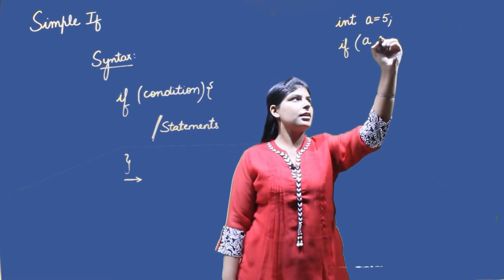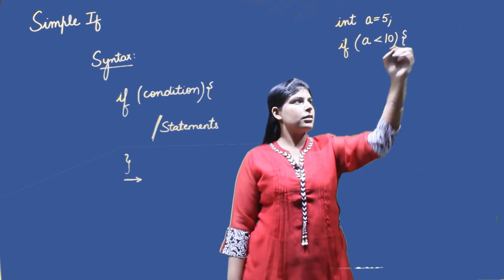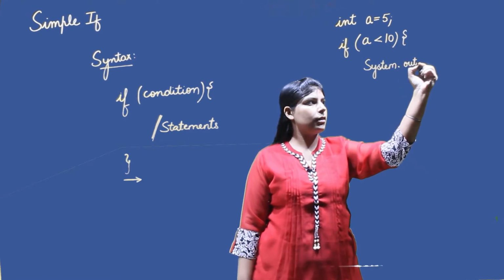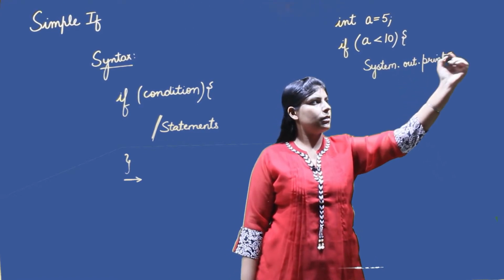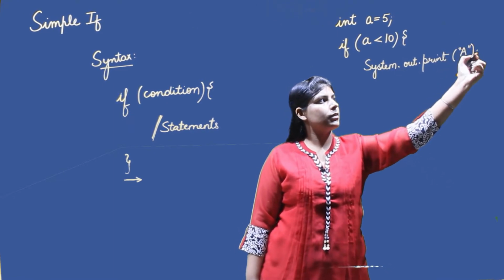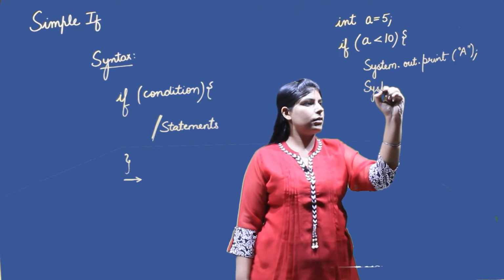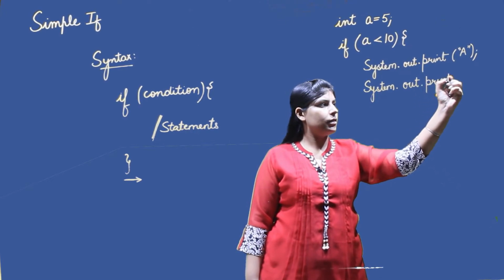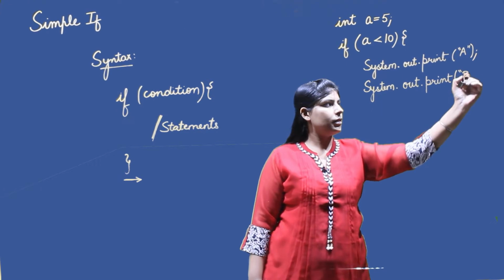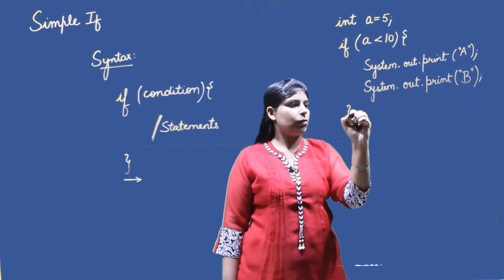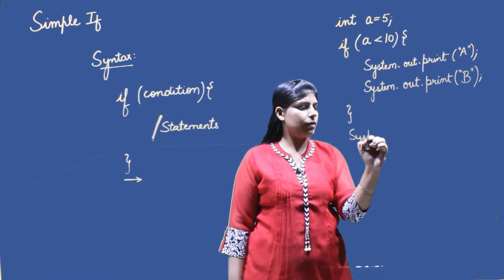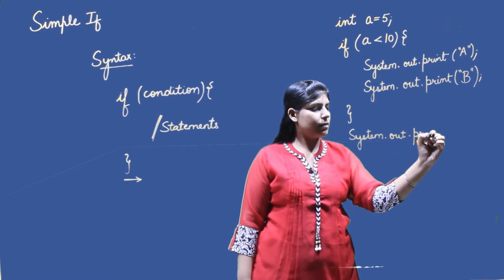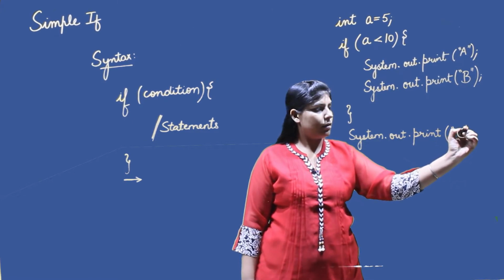If a is less than 10, System.out.print a, System.out.print b, and outside this if block I have System.out.print c.